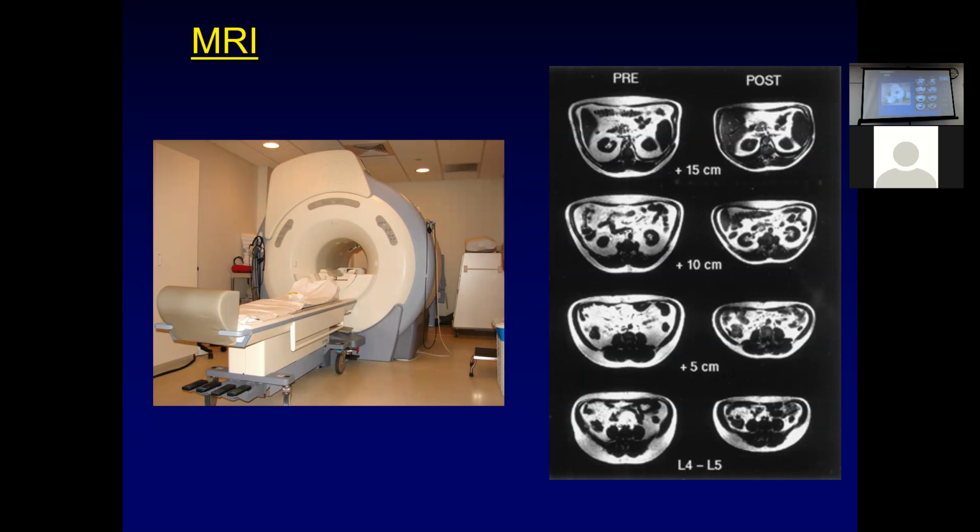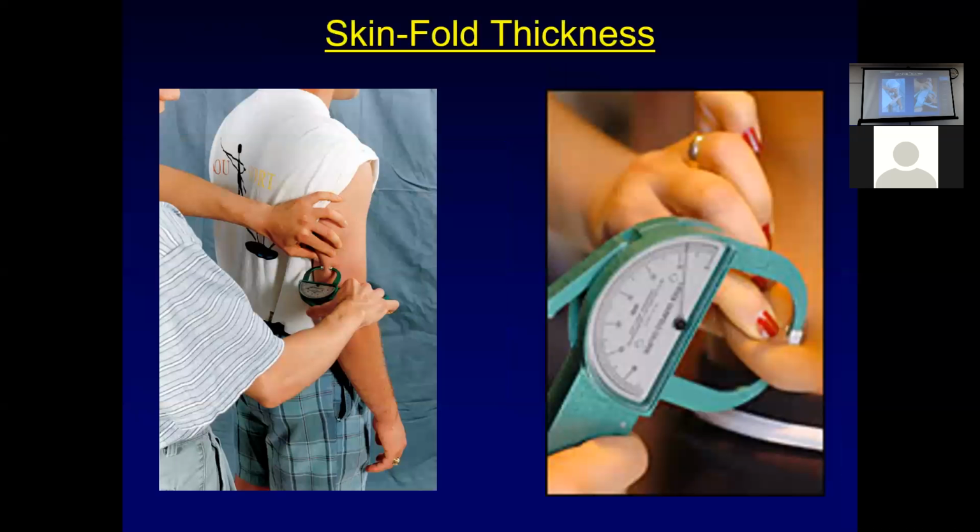Which tends to be more common in men and tends to be highly, highly predictive of the development of type 2 diabetes. So we can use MRI for that. It's not that expensive, and it doesn't take us that long to get images in maybe that 6-inch area.